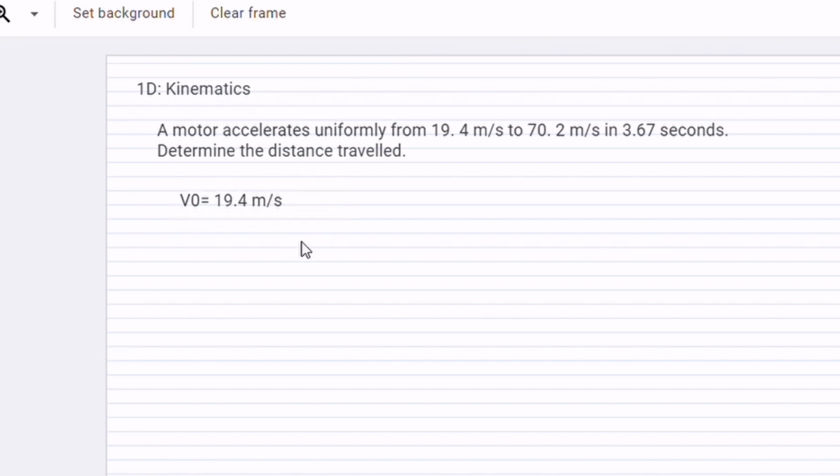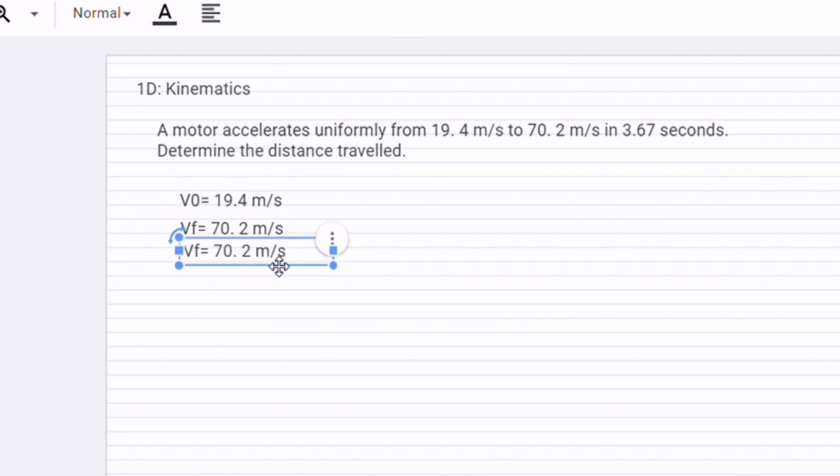Vf is 70.2 meters per second. And we also have the time, which is 3.67 seconds.